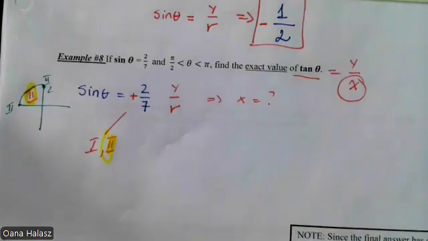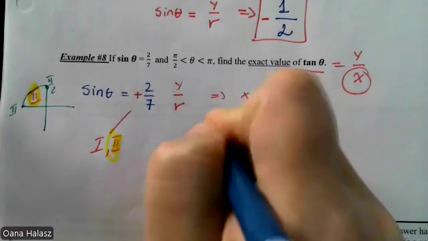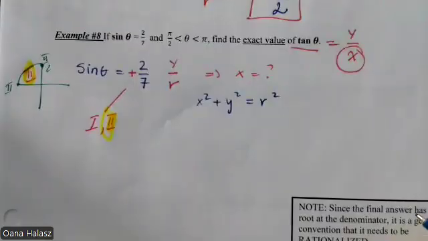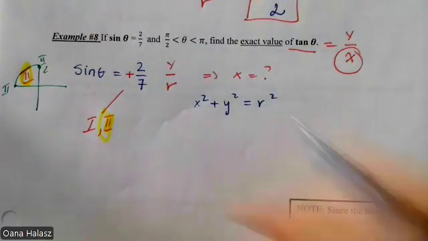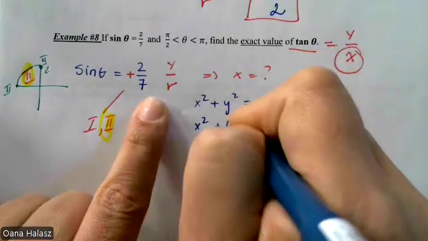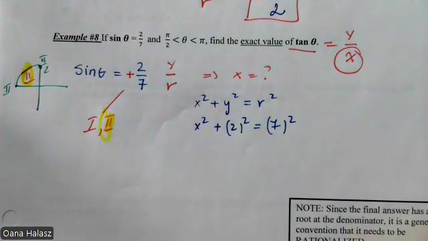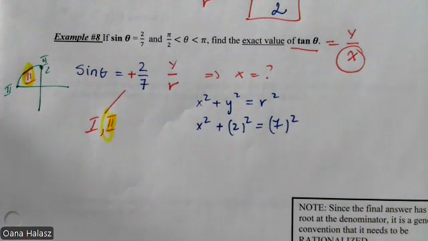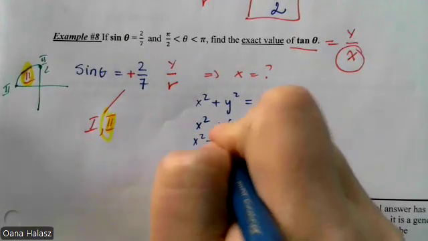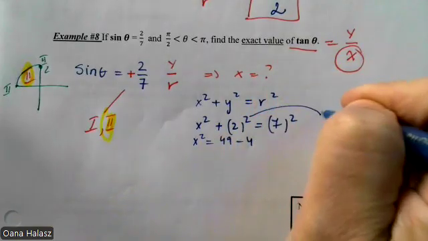Okay, so let's put it into the formula for X and find it. So X squared plus Y squared equals R squared, the formula for any circle with center 0, 0. X is unknown, Y is 2, square it, R is 7, square it. X squared equals 49 minus 4, because 2 squared goes on the other side.